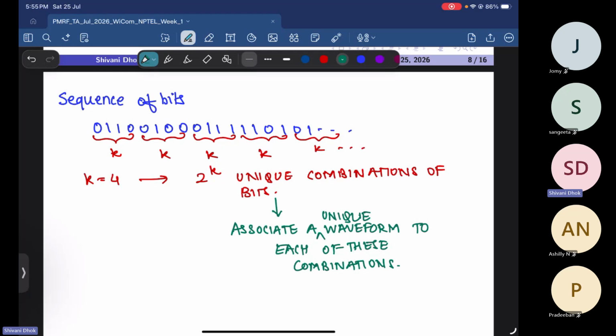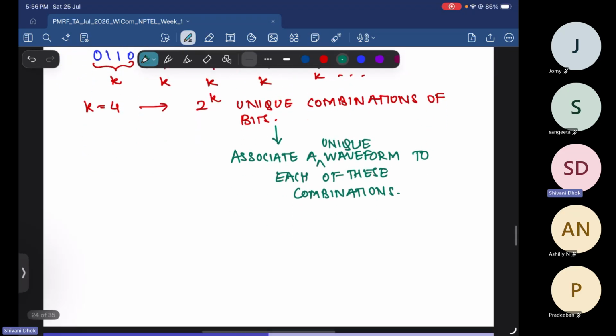Now, I won't go into details of this. This is there in your digital communication. I will recommend you to look in the Proakis book, where they give a nice signal space representation of constellations or any of these digital communication signals. It's nice to go through that concept once.